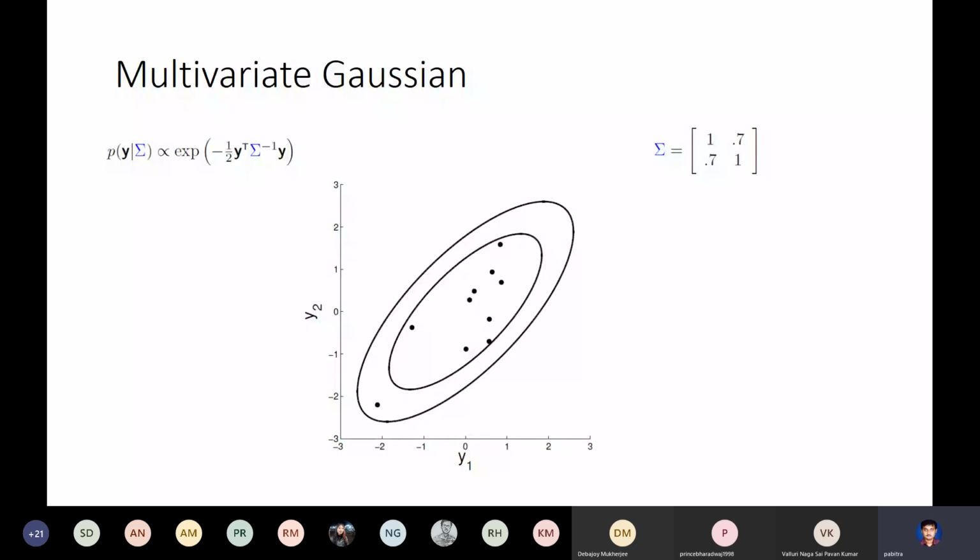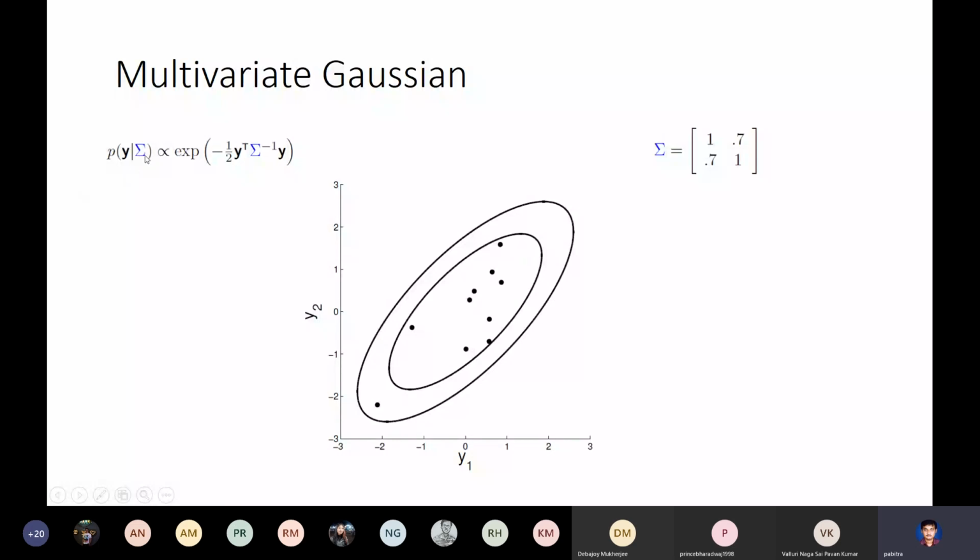So let us start with the plain old simple Gaussian distribution, the multivariate Gaussian distribution. For example, here I have a two-dimensional Gaussian distribution on variables y1 and y2. For simplicity, let us assume that the mean of y1 and y2, that is the mu of this distribution, is at 0, and there is some covariance term.